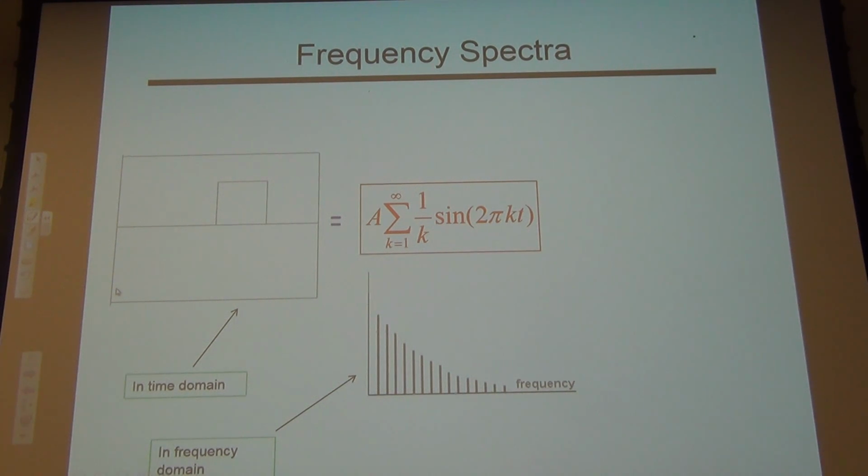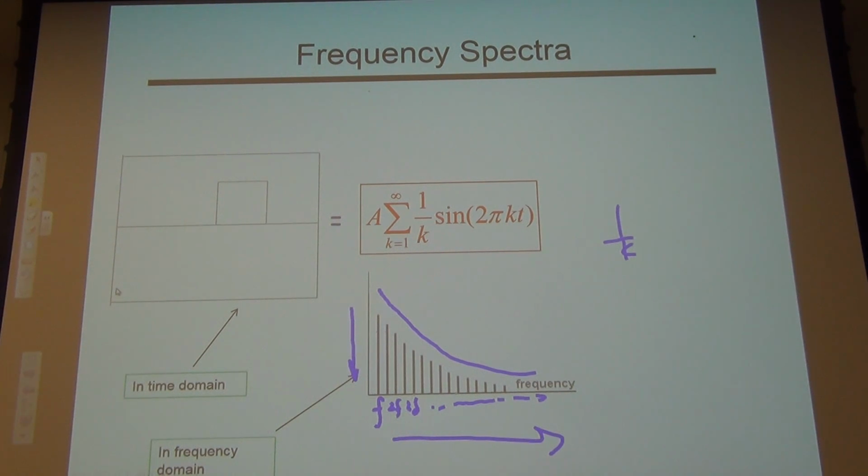So your frequency spectrum will look like this. The first one is f, then 3f, and so on, but the amplitude is decreasing because it is 1/k. The amplitude is decreasing, but the frequency is increasing. For a periodical square signal, the frequency spectrum should look this way.